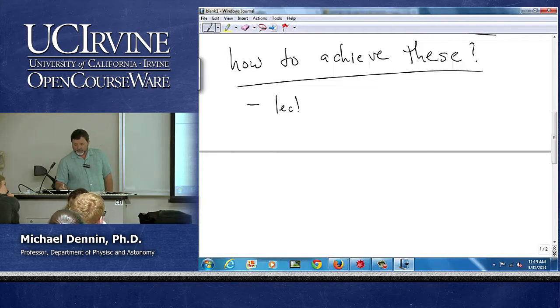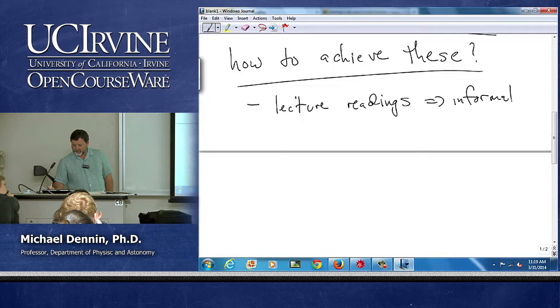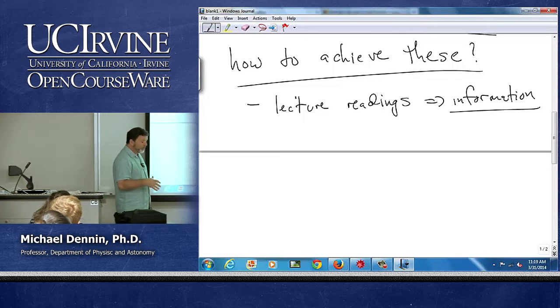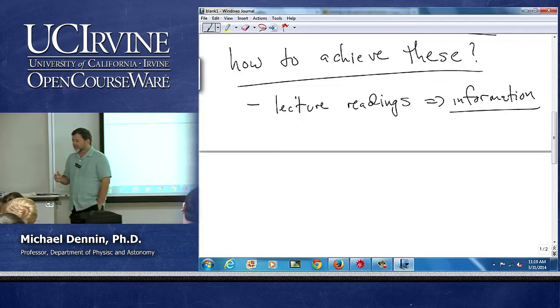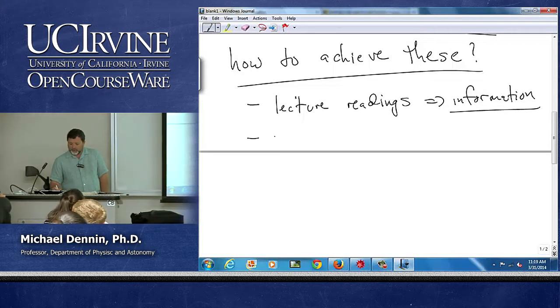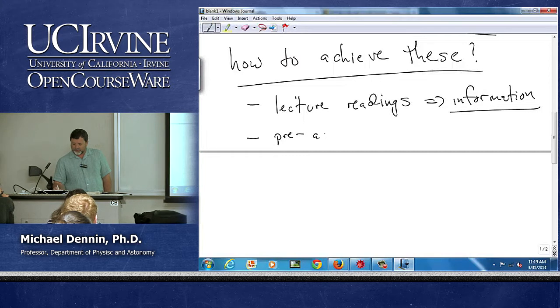So the lecture and the readings, that's really about giving you the key information that you need for the course. The details of how to do things, why we're doing it, all of that. And then the pre-assignments.